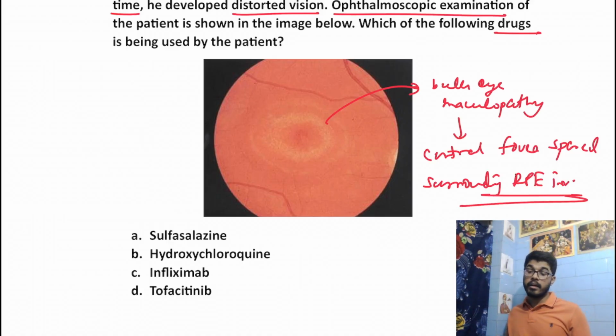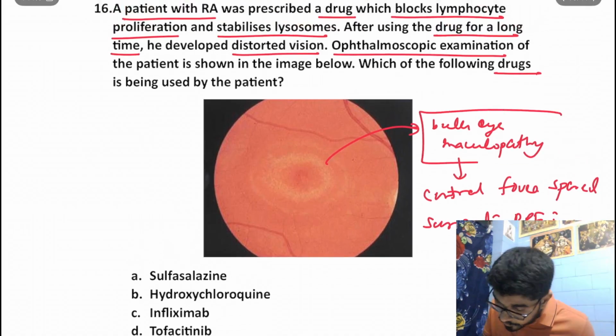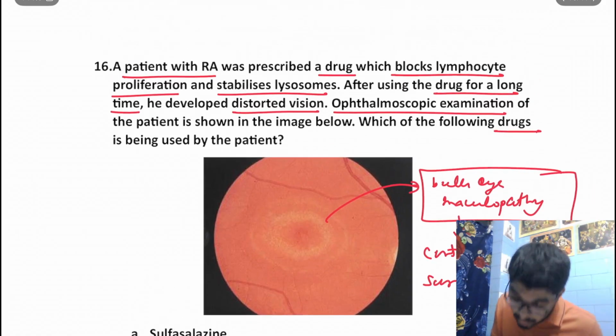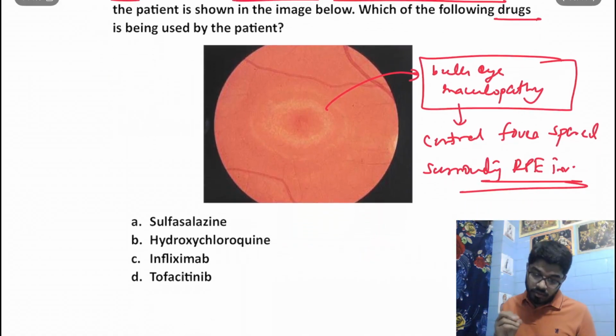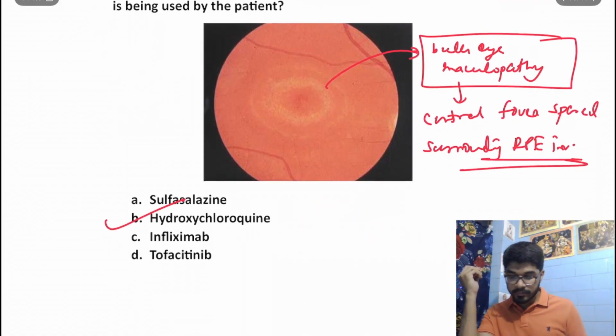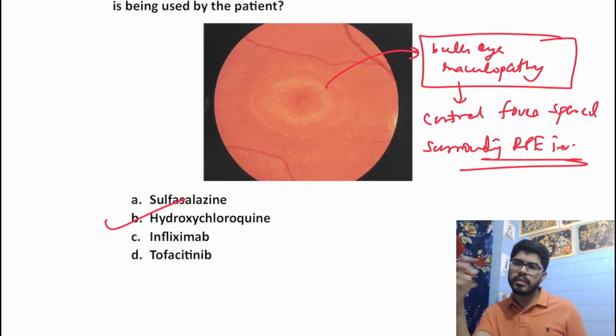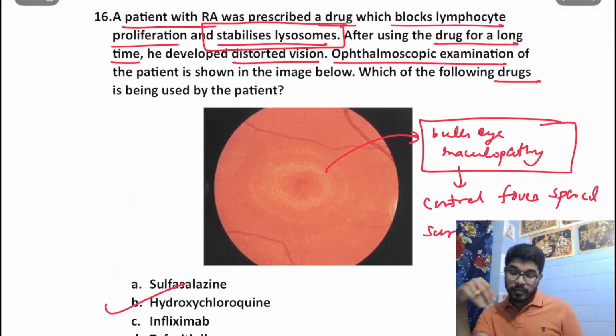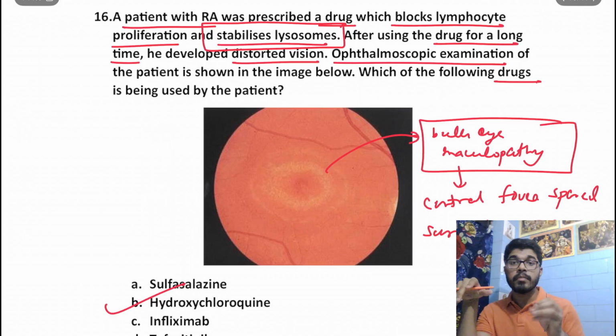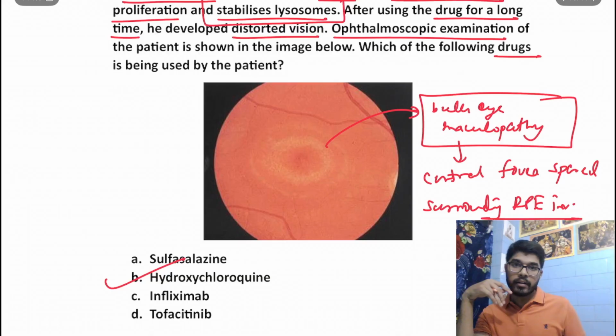Now this specific side effect of bullseye maculopathy, along with the mechanism that has been given, stabilization of the lysosomes, both of them point towards only one drug, that is hydroxychloroquine. Hydroxychloroquine is very strongly associated with bullseye maculopathy, but that has to be used for a very long time, right? 15-20 years. Stabilization of the lysosomes is also seen in hydroxychloroquine.